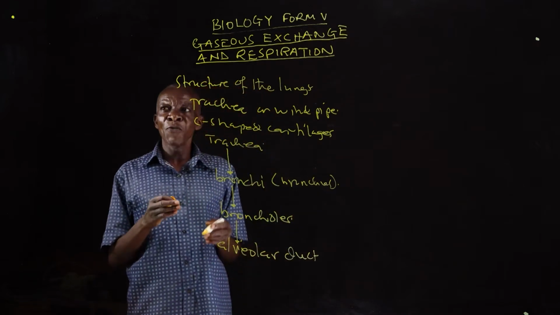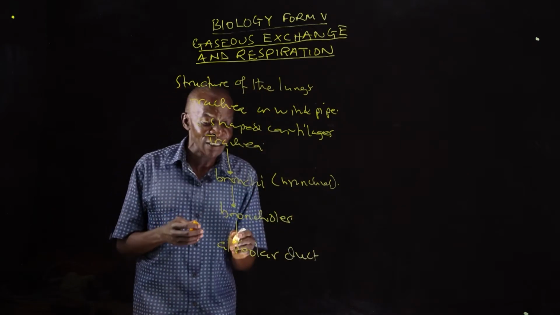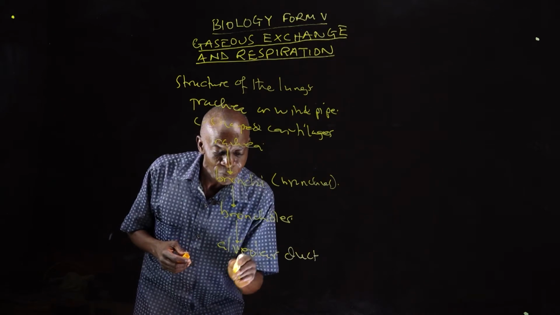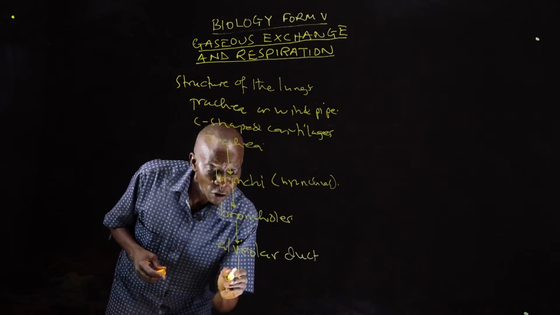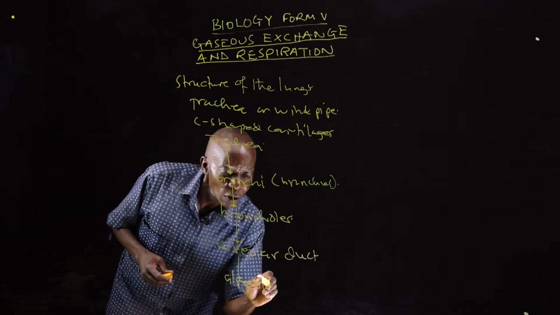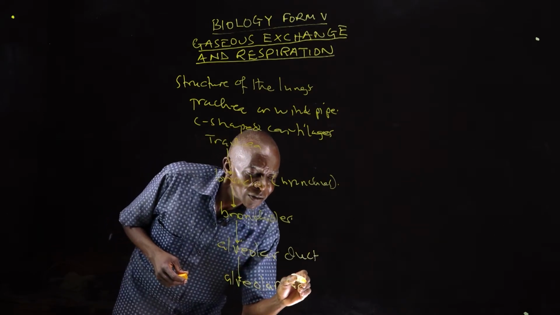At the end of each alveolar duct, there is what we call an alveolus or alveolar sac.